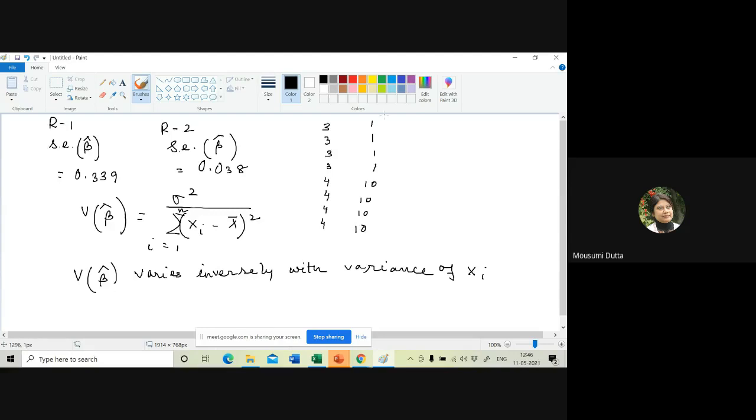So summation xi minus x bar whole square, this part, the variability of xi, is higher for researcher 2 compared to researcher 1, and therefore the variance or the standard error will be lower compared to this. This is higher.